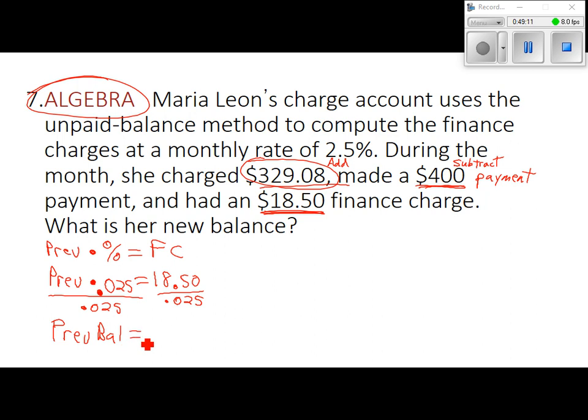What should happen to our number? Lower than 1850? Should get higher, right? Exactly 740? Yeah, that's what I got. So what was our previous balance? $740.